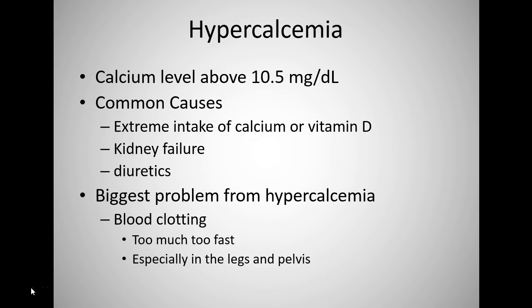Kidney failure, again, as we've mentioned with all the electrolytes and even with the kidney PowerPoint, the kidneys play such a major role in the fluid and the balance of your body. The biggest problem with hypercalcemia is blood clotting. It causes the blood to clot too much too fast, especially in the legs and the pelvis.